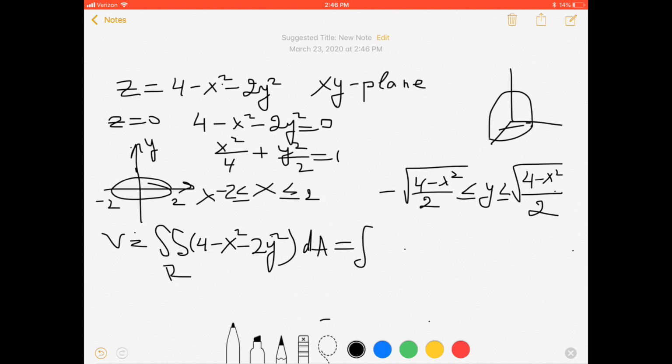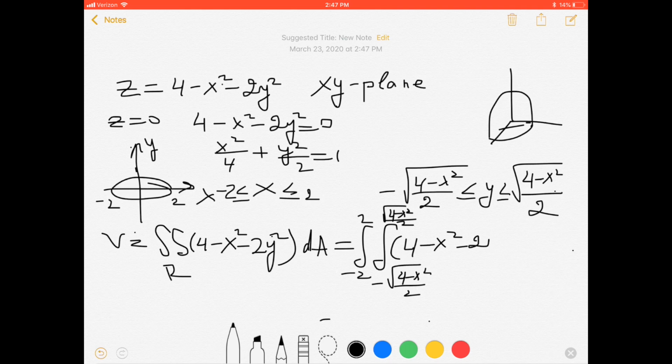Or if you're moving to iterated integrals, x changes between -2 and 2, y changes between minus square root of (4 minus x squared) over 2 and square root of (4 minus x squared) over 2, our function 4 minus x squared minus 2y squared, and now we have dy dx.